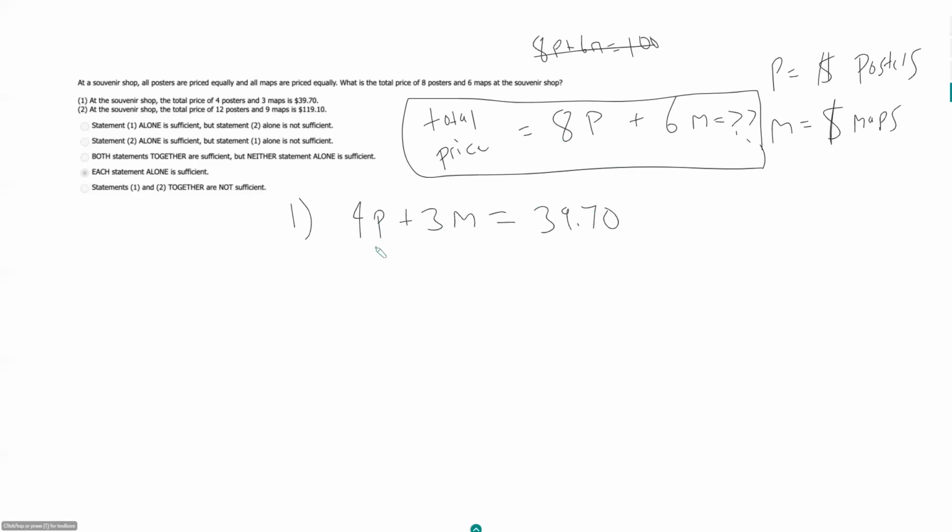So if I multiply this equation here by 2, what does that get me? 8p plus 6m is equal to 39.7 times 2, whatever, what is that? 79.40 or something, it doesn't matter. Because it's data sufficiency, it's equal to something. That makes this sufficient.